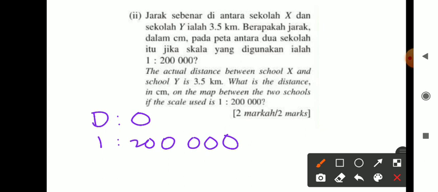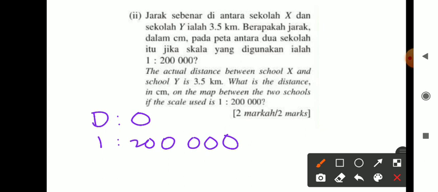So this is the scale given. The actual distance sebenarnya is 3.5 kilometer. But when you draw, kamu guna cm, jarang guna kilometer.